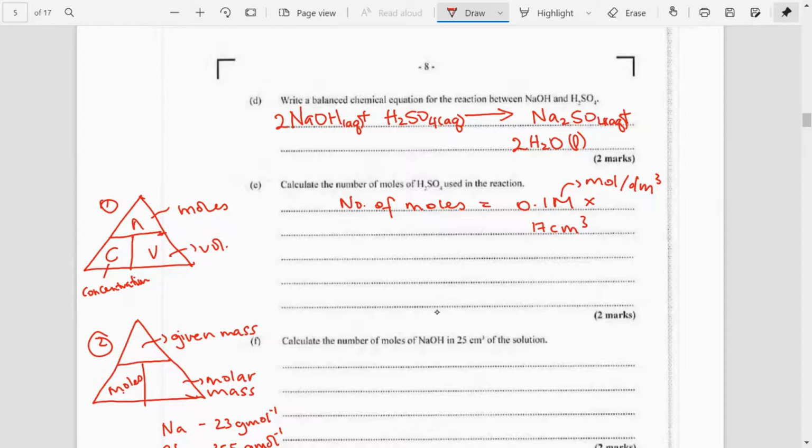So essentially, we have to change the 17 to dm cubed. So it'll be 0.1 molar multiplied by 0.017 dm cubed, dividing by 1,000, right?